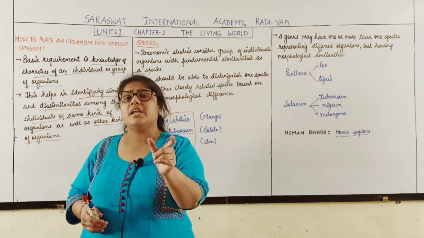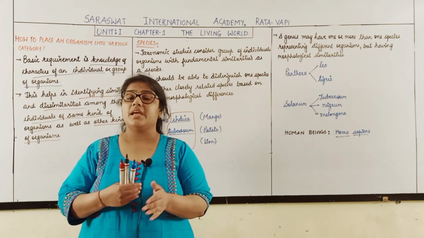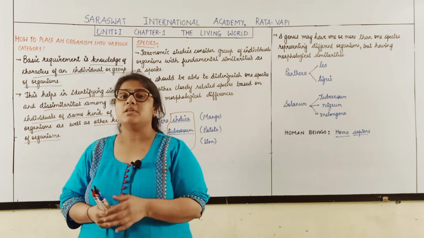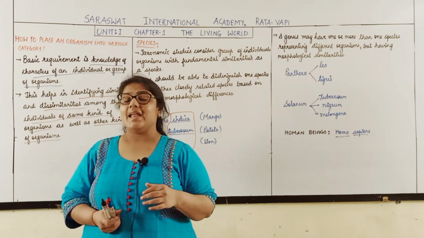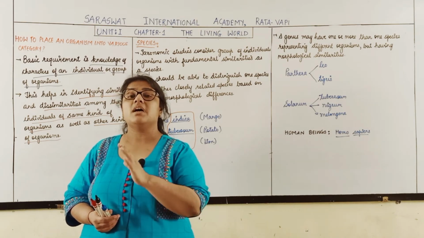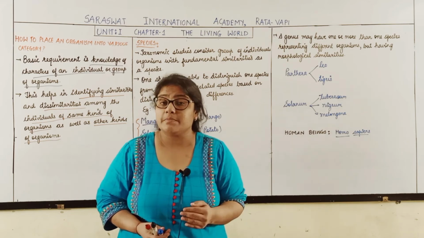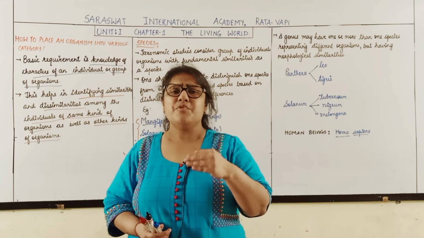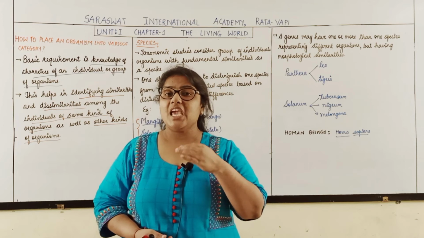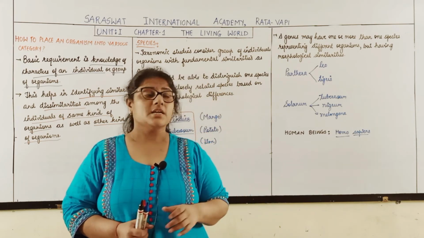The members within the same species can interbreed amongst themselves, and they are reproductively isolated from other species. We human beings can interbreed amongst ourselves, but can we breed with organisms of other species? No. We are reproductively isolated from other species.